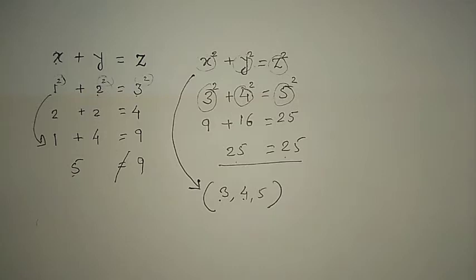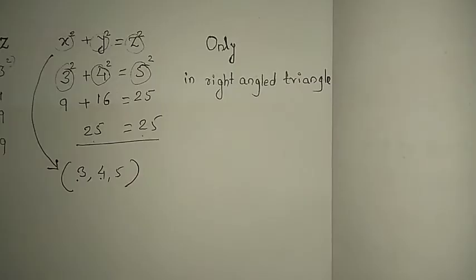Did you get it? What is a Pythagorean triplet? And where do we observe a Pythagorean triplet? Yes, in a right angle triangle only. So we observe a Pythagorean triplet only in a right angle triangle.